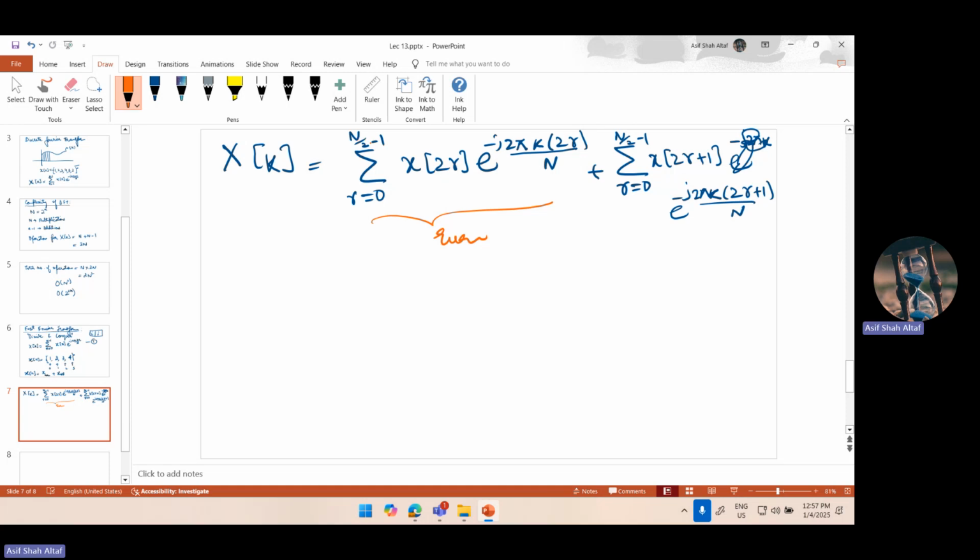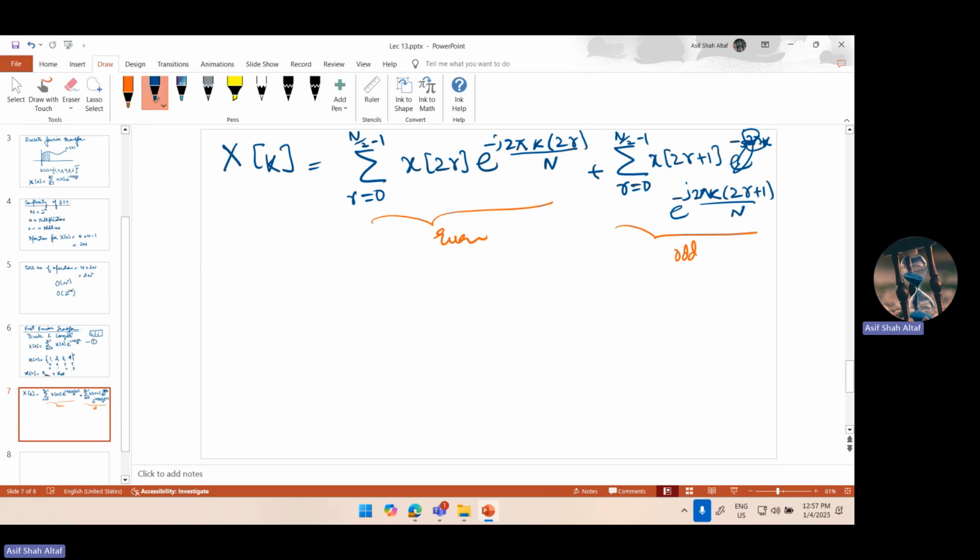And why have I separated it? Because the total number of samples is n, so half will be even and half will be odd. And this section represents odd. So if you put r equal to 0 here, the first number it will pick is x of 1, right? Which is the odd one, then 3, 5, 7, and so on. And similarly, I have changed the variable here, which was n, but now it's 2r. Okay, and similarly here.